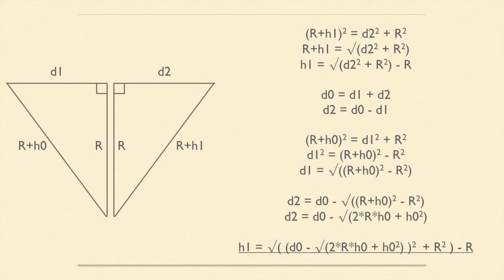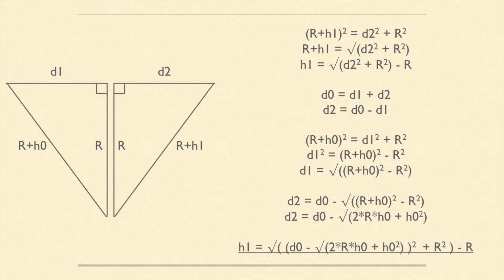So this equation is the equation for the target hidden height with only our known parameters. Here we have d0, which is the distance to our target. We have r, which is the radius of the Earth. We have h0, which is our eye height.